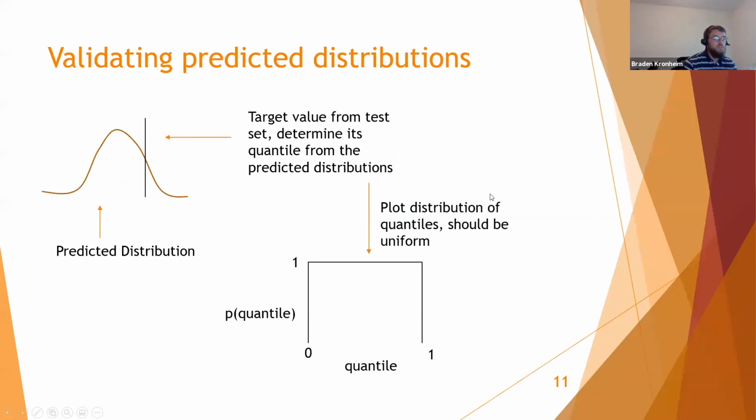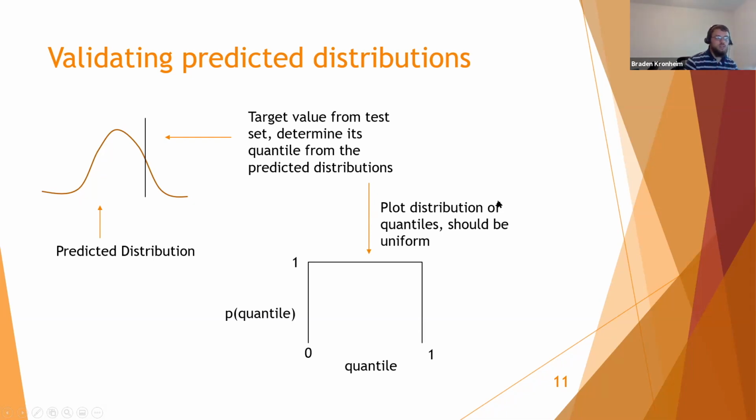And then once we've made the samples, we need to be able to determine if the distributions that they predict are actually reasonable. So what we do is we take the predicted distribution for a fixed input, and then we take the target value from the test set that corresponds to that input, and we determine the quantile of this test set value according to the predicted distribution.